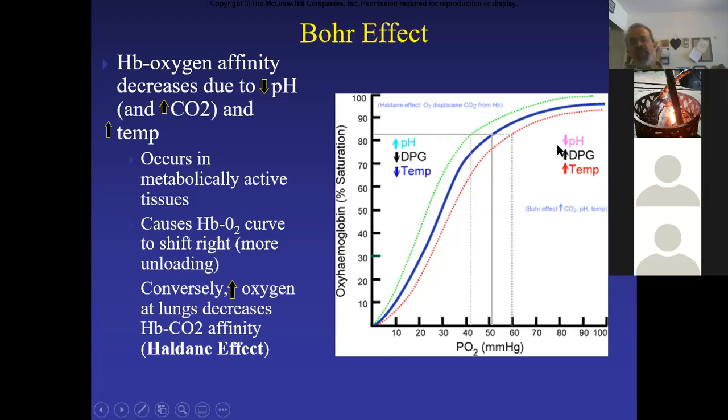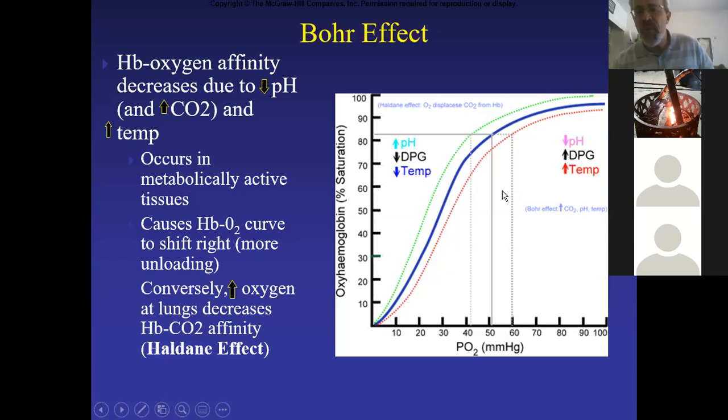All these opposite factors contribute to an increase in binding affinity, which you would want at the lungs. This is known as the Haldane effect. So the Haldane effect occurs in the lungs, with increased affinity. The Bohr effect occurs at the metabolically active tissues, with decreased affinity.